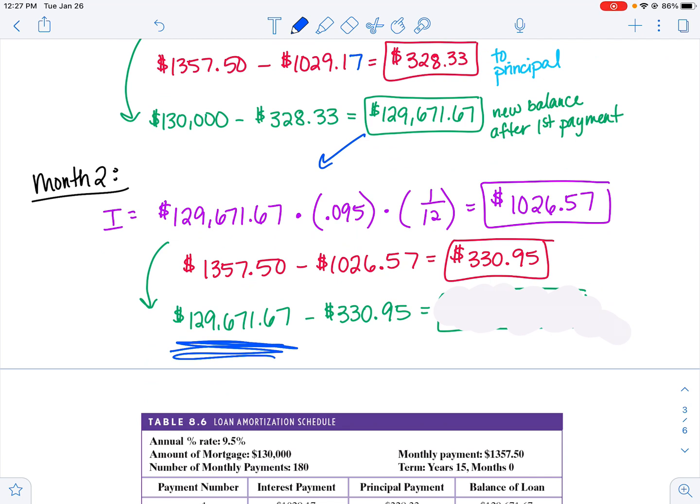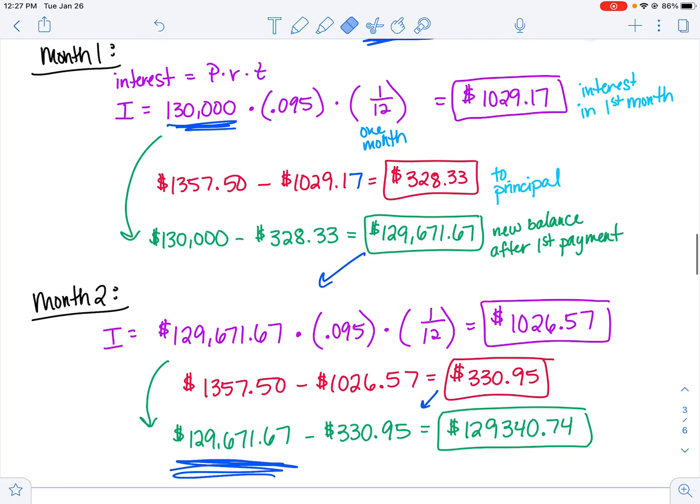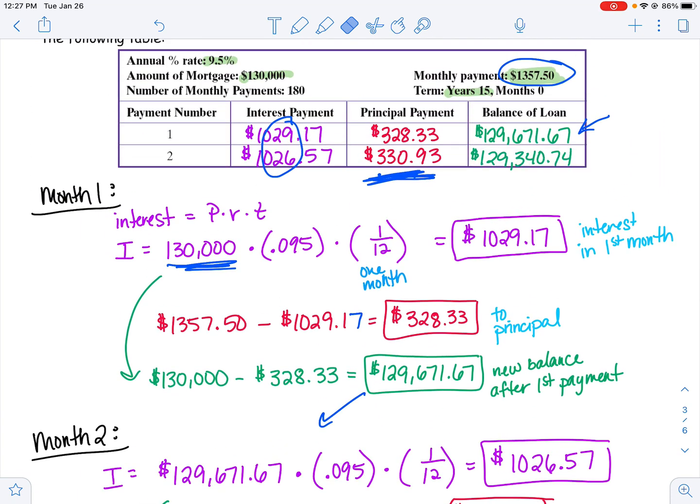So I'm going to take the $129,671.67. I'm going to subtract off the $330.95 that went to the principal amount, not interest, and I'm going to get my new balance at the end of month number 2. Going into month number 3 is going to be $129,340.74.